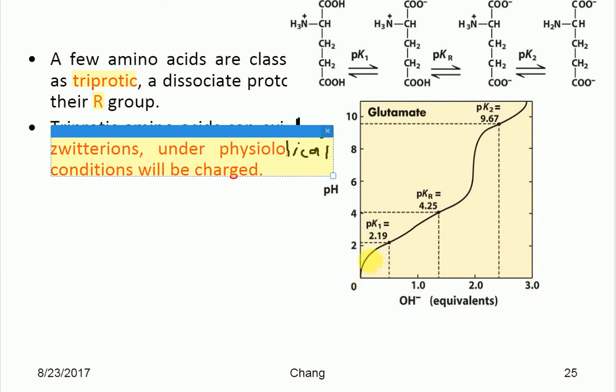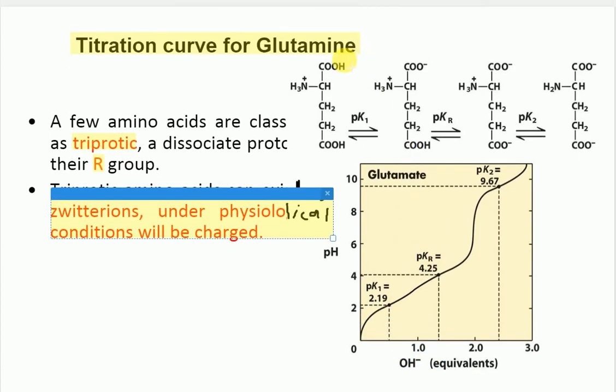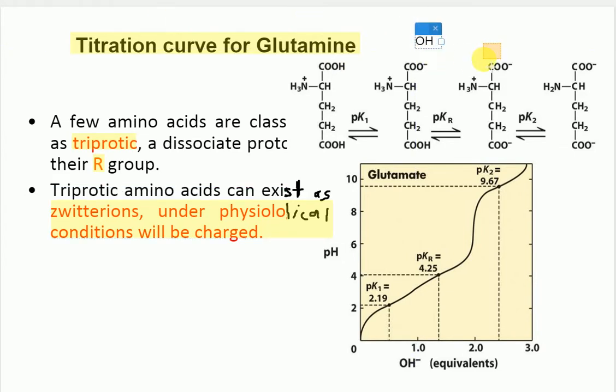So as more base is added, we can see, let me just highlight that here, OH is added across. So as more OH is added, we can see that it loses hydrogens.